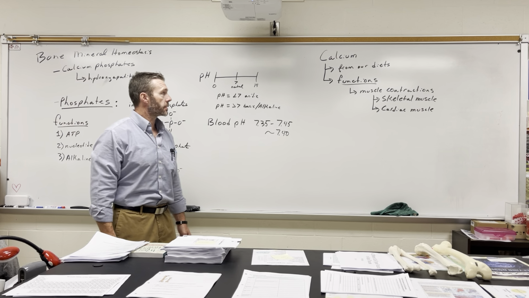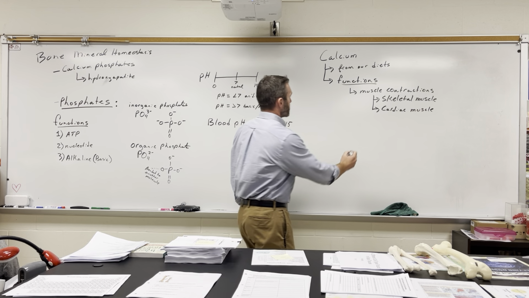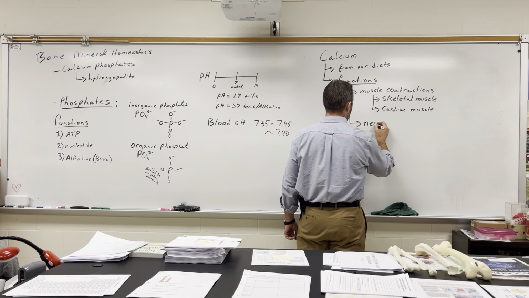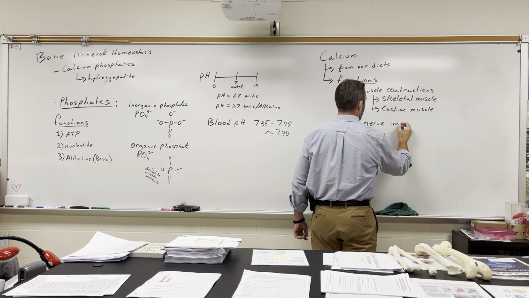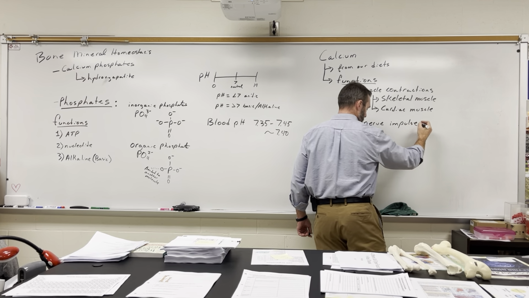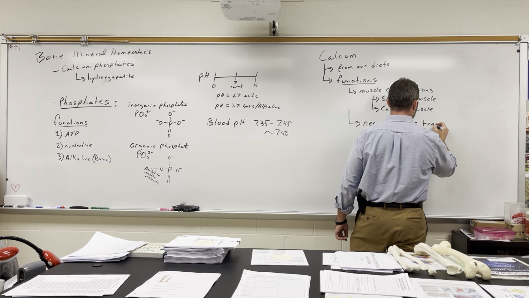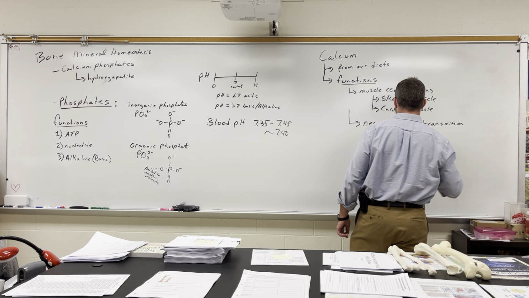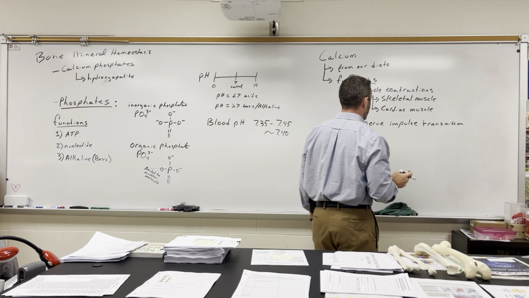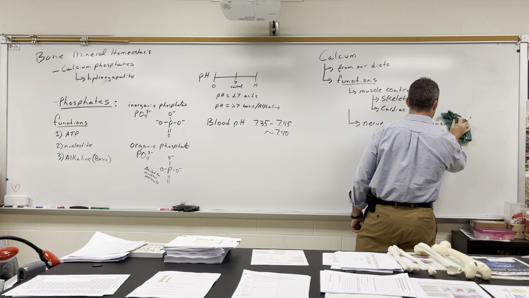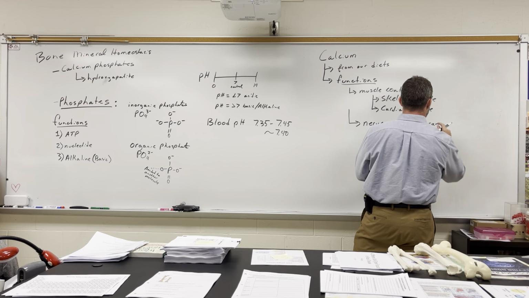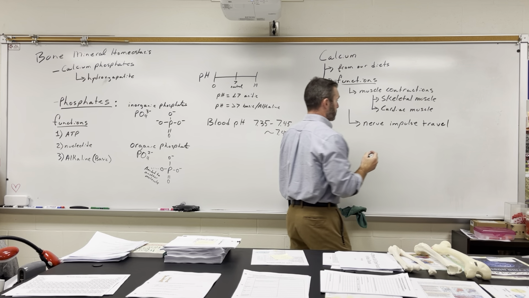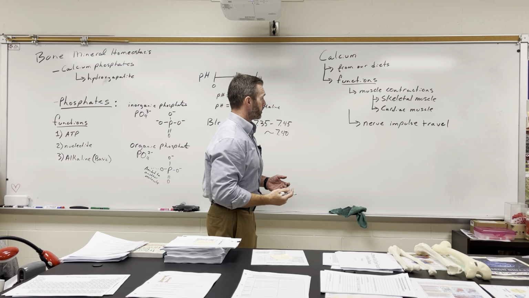That's very important. The other thing we're going to see in functions of calcium are going to be nerve impulse transmission. Now, nerve impulse travel, you can say transmission or even travel, if you will, or just plain nerve activity.